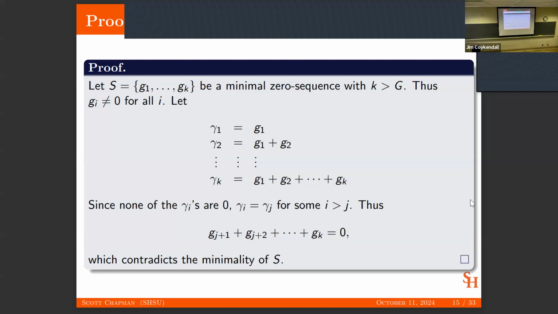So if I set these 2 things equal to each other and subtract the shorter sequence off the larger, I get a sum of the g_i's that's what? 0, which contradicts the minimality of S. Okay, there is a subsequence of this that sums to 0, so contradiction. So you can't have a minimal 0 sequence of length bigger than the order of the group.